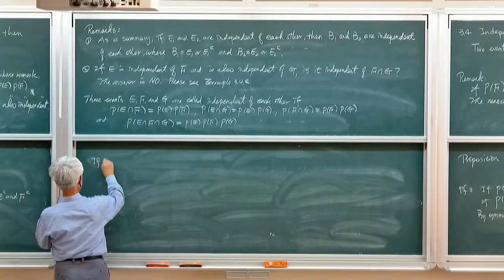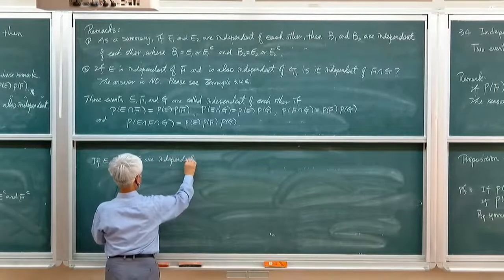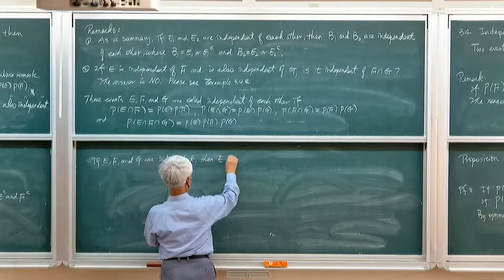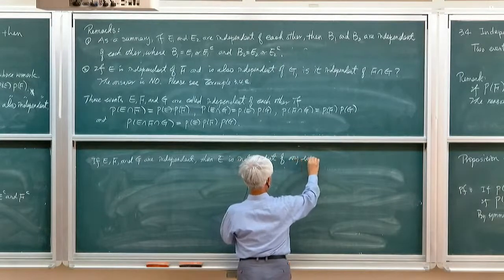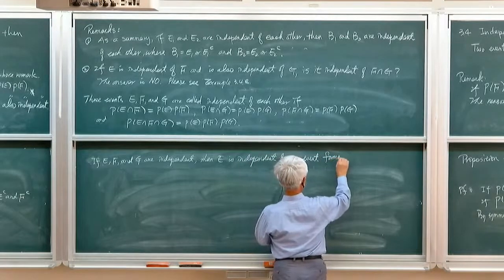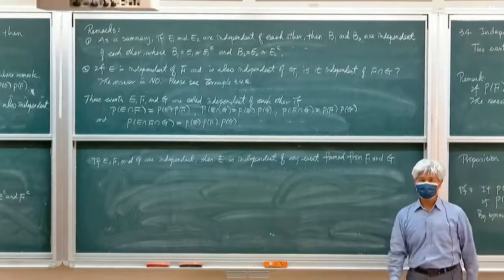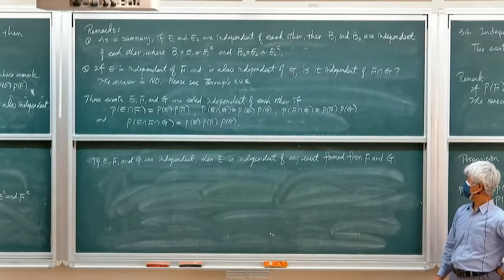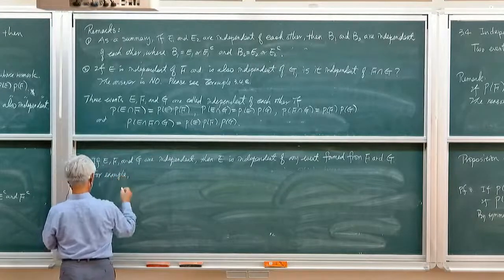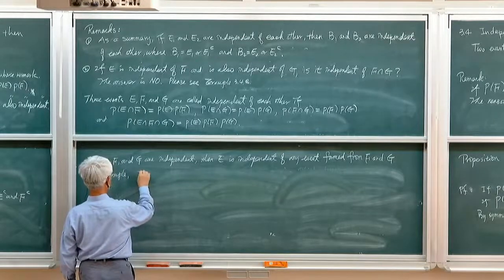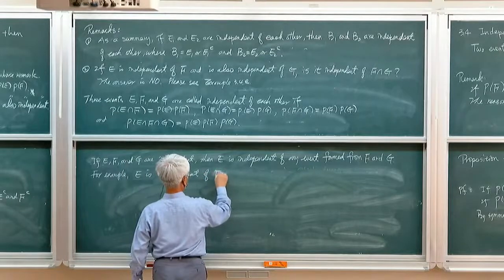If E, F, and G are independent, then E is independent of any event formed from F and G. For example, let's say E is independent of F union G. Right?